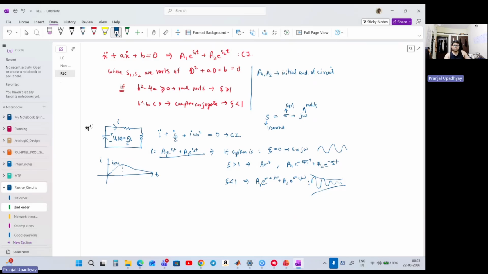Since no particular input is present, we can simply write the output current as this, and by applying some initial conditions, we can obtain this graph, right?